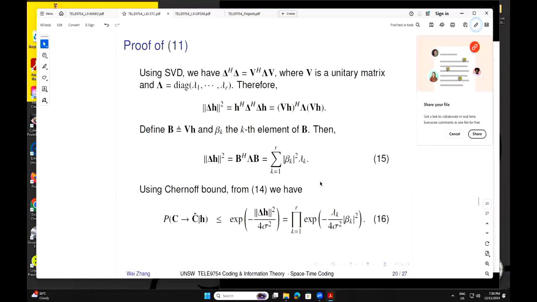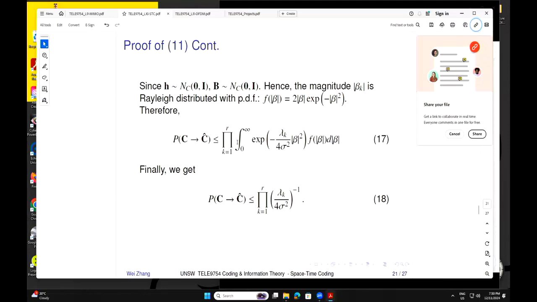So remember, for equation 16, if we want to take the average, take the expectation with respect to hk squared, we take the integration of 16 times its PDF. This is the Rayleigh distribution. So that is the average. Now on the left-hand side, we remove the h, because we take the expectation of the whole thing with its PDF.